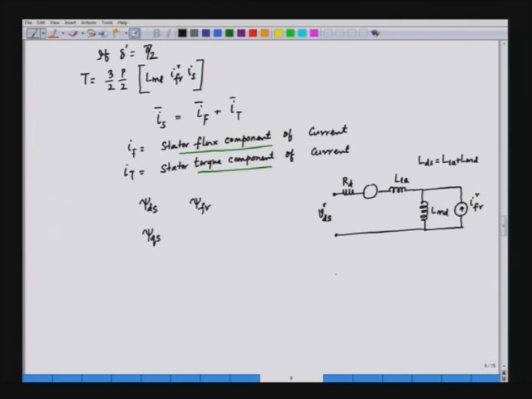Similarly, in the q axis we have the resistance, we have a rotationally induced EMF, and then we have a leakage, and we have a magnetizing branch, and here this magnetizing branch is LMQ, which is the q axis magnetizing inductance, and LLA is the leakage of the stator, and RQ is the resistance of the winding in the q axis, and this applied voltage is VQS, referred in the rotor reference frame.